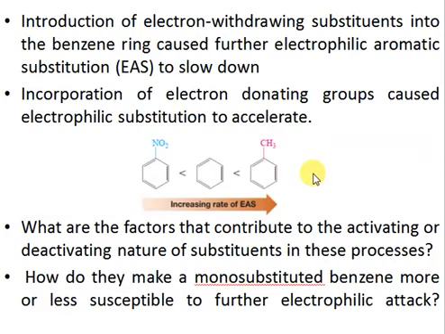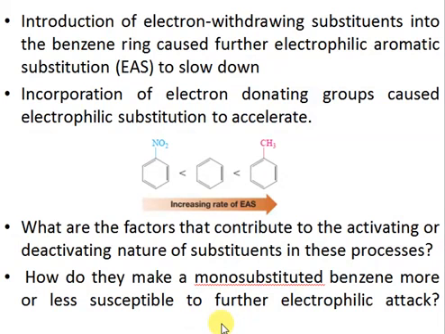Now, you might consider what are the factors that contribute to the activating or deactivating nature of the substituents, right? So what makes these substituents activate the benzene ring or deactivate the benzene ring, right? Also, it may come to your mind how do these substituents make a monosubstituted benzene ring more susceptible to reaction or less susceptible to reaction, right?